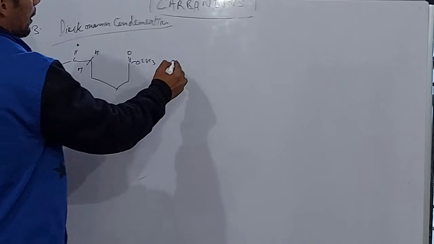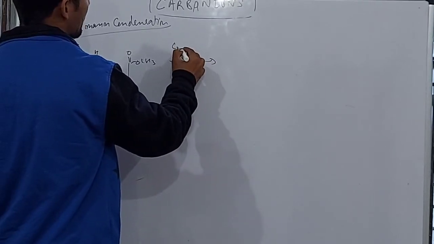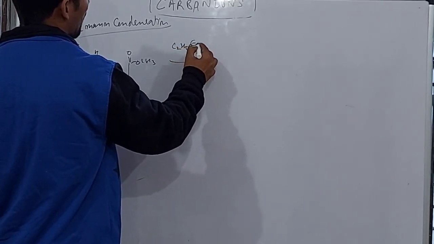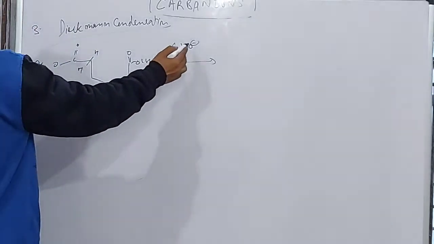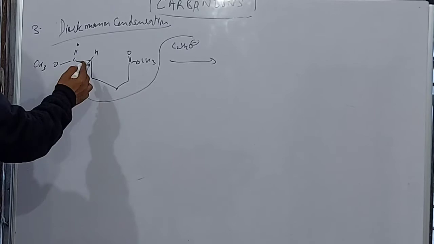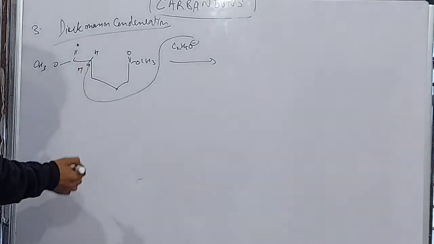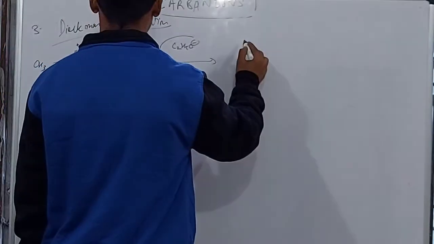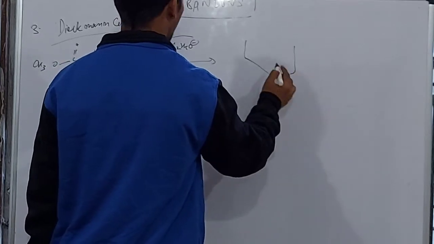So now, in the presence of a base, C2H5O negative, for example, there will be a nucleophilic attack at this carbon atom, so that one proton will be lost from this position and forming a carbanion at this position.